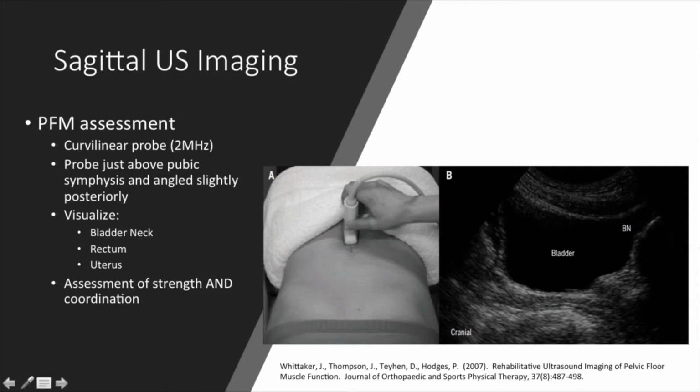So this is looking at our bladder in the sagittal image. You'll generally use your curvilinear probe, that's about 2 megahertz, and just place your probe above the pubic symphysis and just slightly posterior. And again, you can see the bladder, neck, and then your rectum and uterus if it's a female patient.